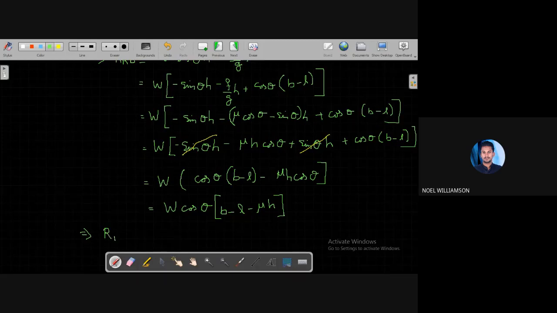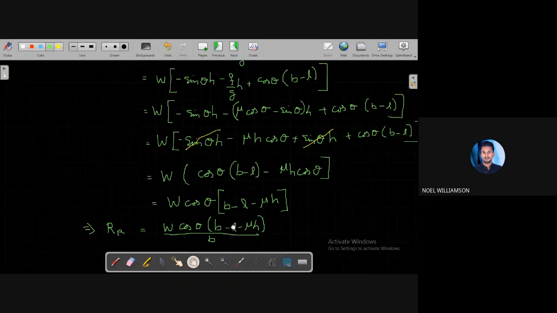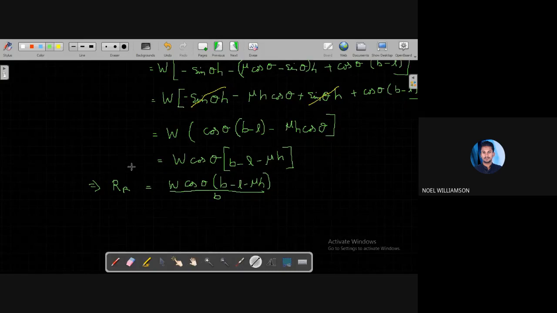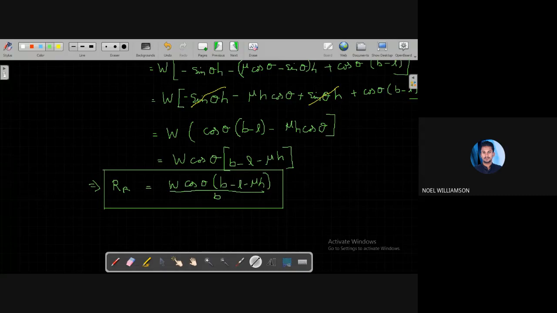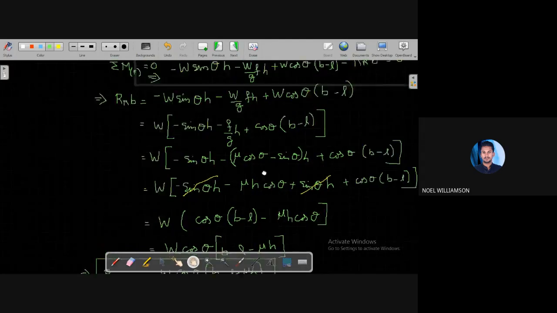RR will be equal to W cos theta into b minus l minus mu h divided by b. This is the relation for RR.